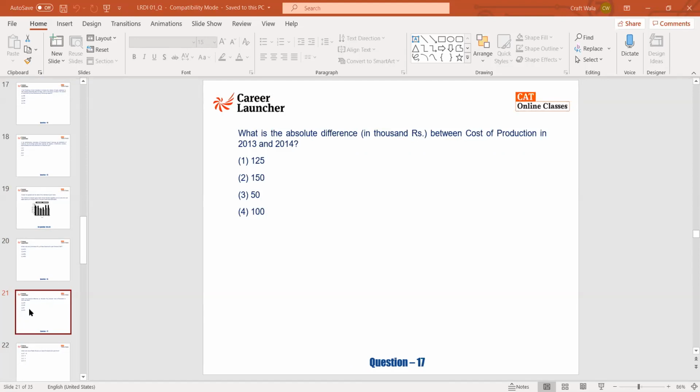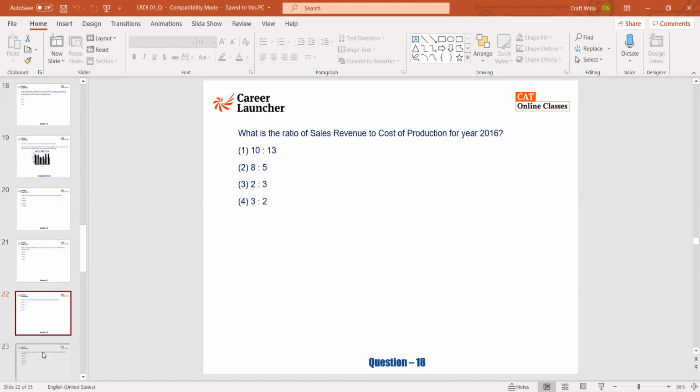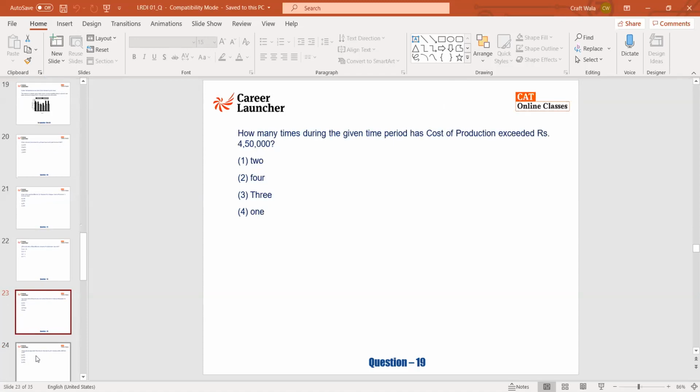Yeah, 125. Next, what is the ratio of sales revenue to cost of production in 2016? 3:2, correct. Next, how many times during the given time period has cost of production exceeded 4.5? 4. Okay.